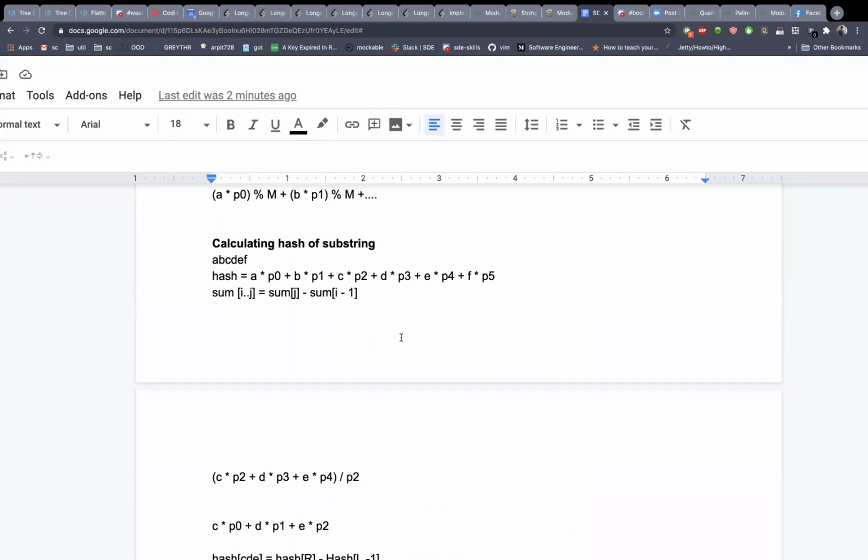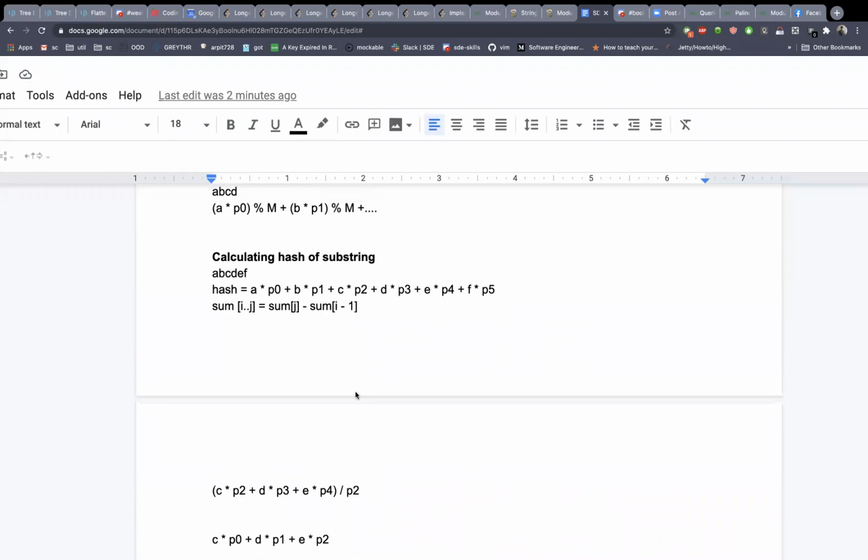What we need to understand here is that there is one property of a hash function: if you write any hash function, you need to make sure that it returns the same value for the same input every time it is called.